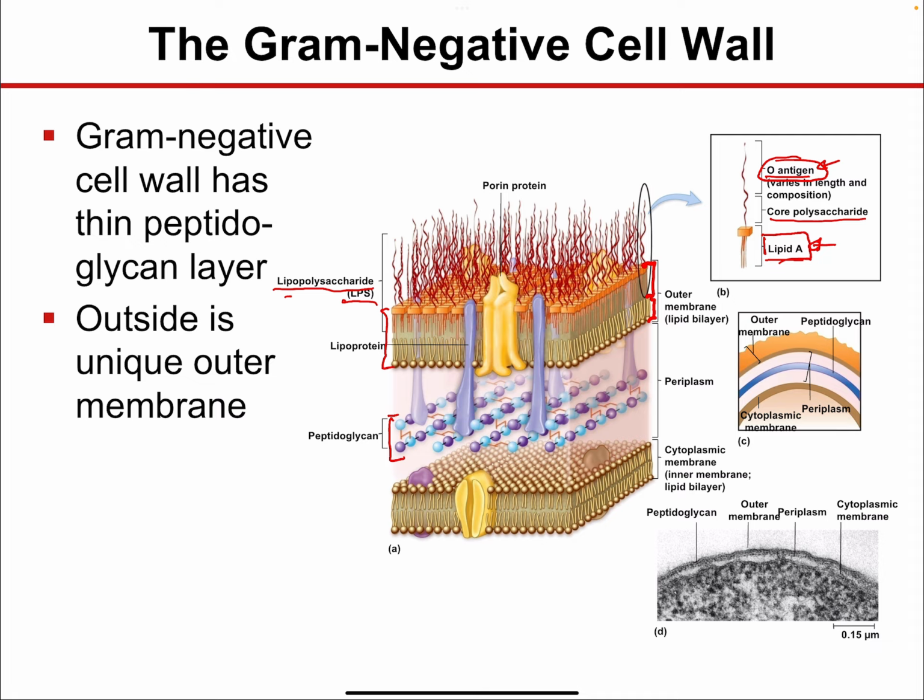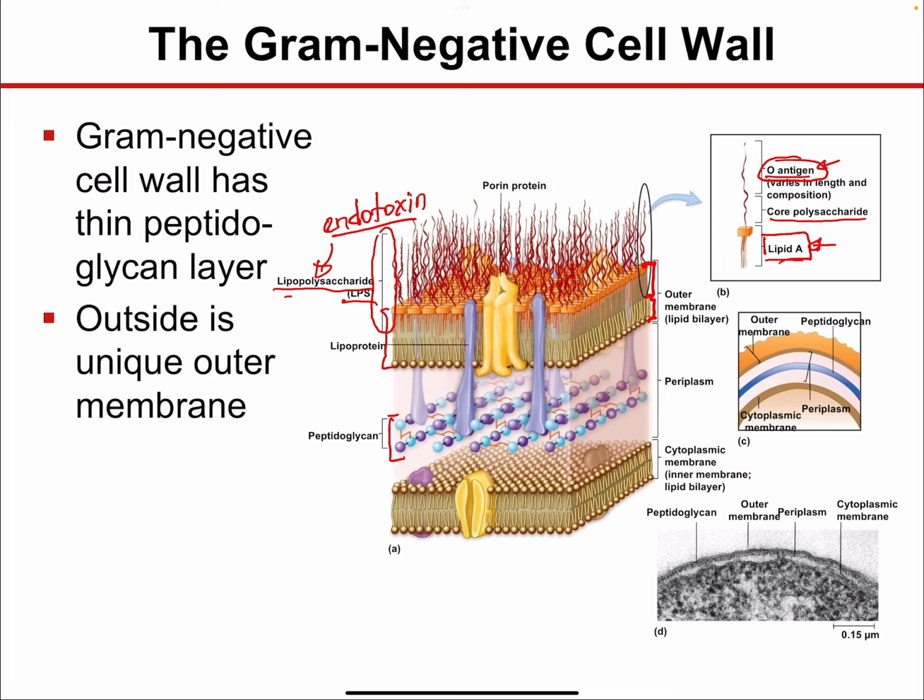Now, because the lipopolysaccharide is a structural part of the cell, we actually say that the lipopolysaccharide, LPS, is an endotoxin. Endotoxin. Okay? Why endotoxin? It's because this is a toxic molecule that is a structural component of the cell. That's why we say that it's an endotoxin. Okay?